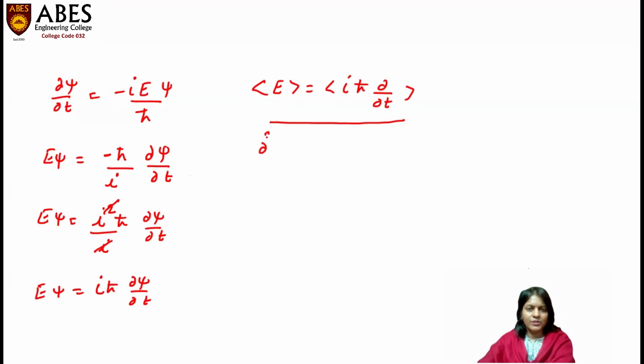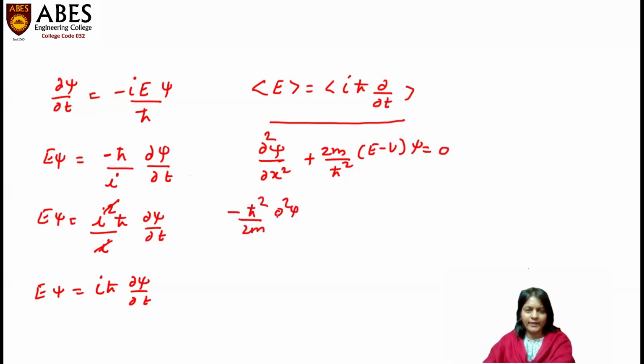We know the Schrodinger time independent equation is del 2 psi over del x square plus 2m upon h cross square (E minus V) psi is equal to 0. It becomes minus h square upon 2m del 2 psi over del x square is equal to V psi.